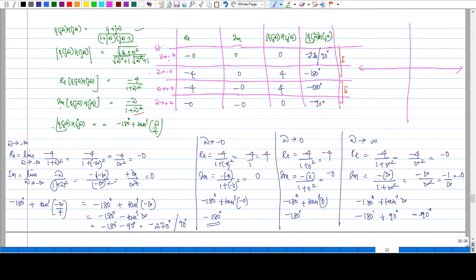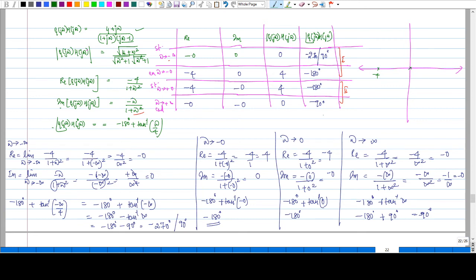This is the ending point of section 1. This is the starting point of section 2 and the ending point of section 2. First I will mark the points. This is one point, this is the second point, minus 4 plus j0.